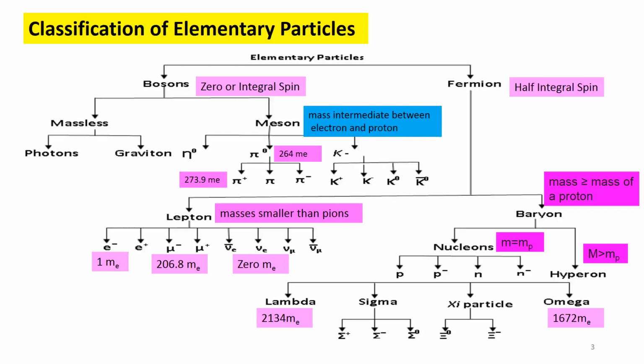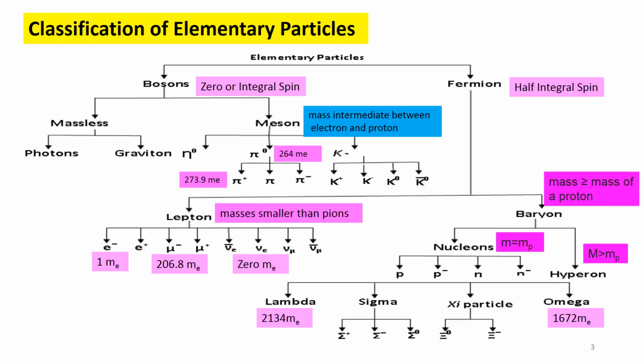These eta particles, pi mesons and k mesons are based on their masses only. The pi mesons have masses between 260 and 280 times the mass of the electron. The pi plus meson has 273.9 times the mass of the electron. The pi naught meson has a mass of 264 times the mass of the electron.